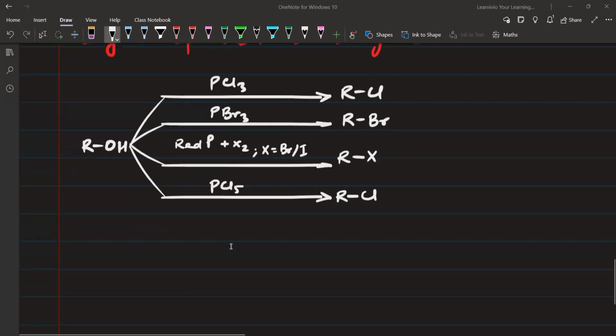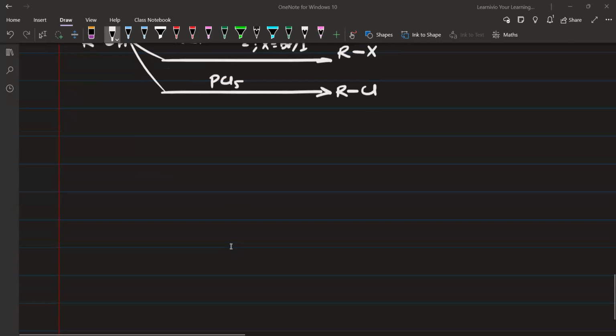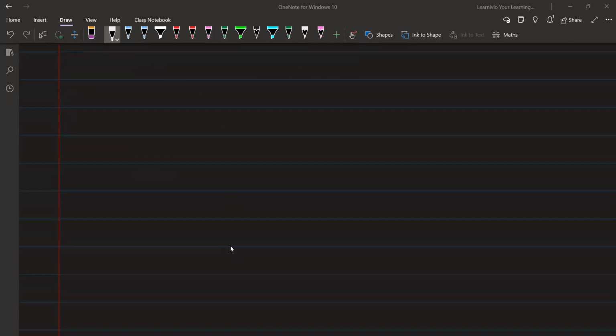Moving on, pay attention, and tell me quickly, in this, how many carbon atoms? Two carbons, right?